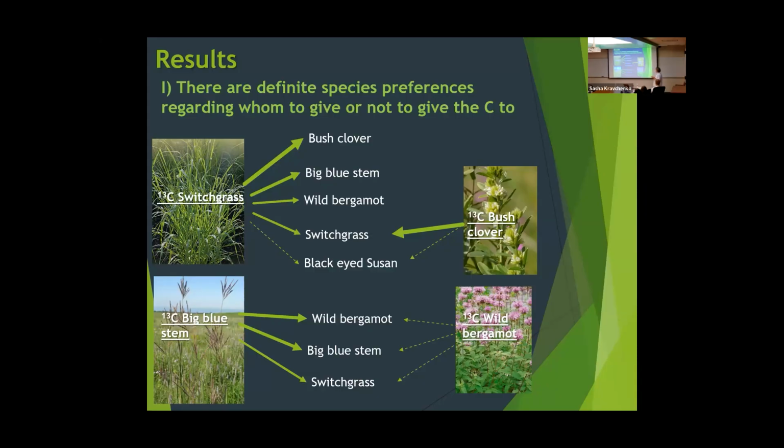The bottom line here is that there is a lot of variability within the plant community of who gives their carbon to whom and who doesn't.